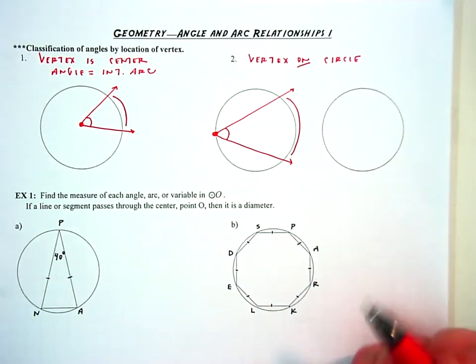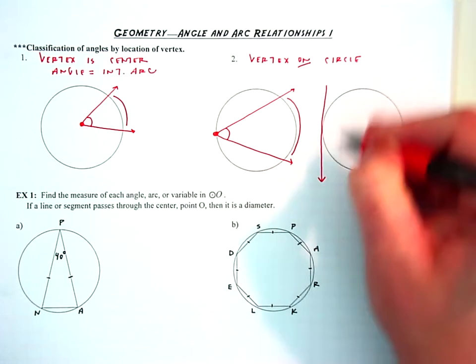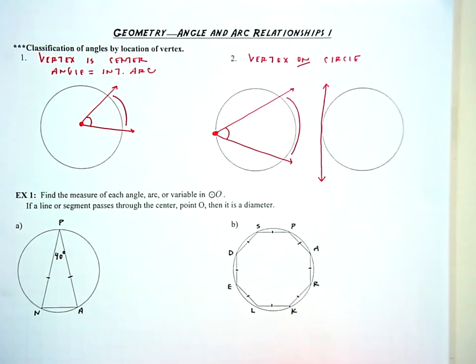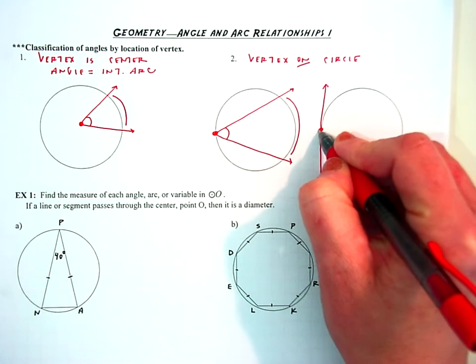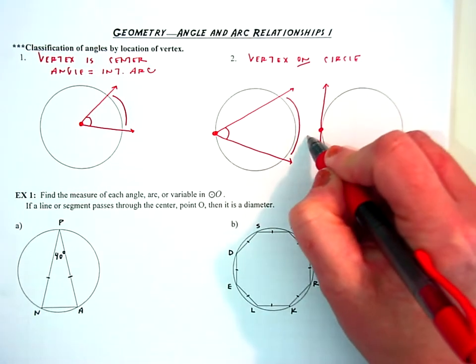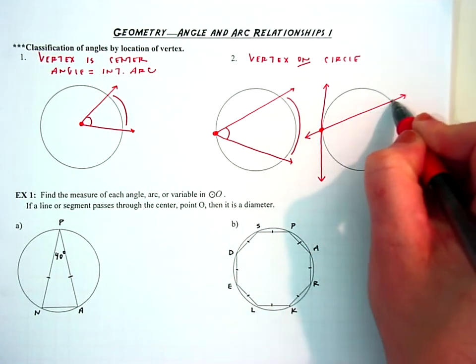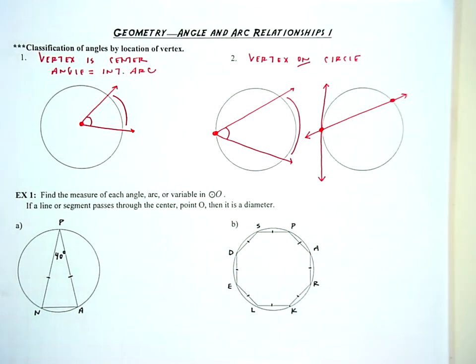Another way that this could look, I could have a tangent line like so. Remember that a tangent line touches the circle in one position, so right here would be that point of tangency. And then I could have a secant line like so, and the secant line crosses the circle with 2 points of intersection.